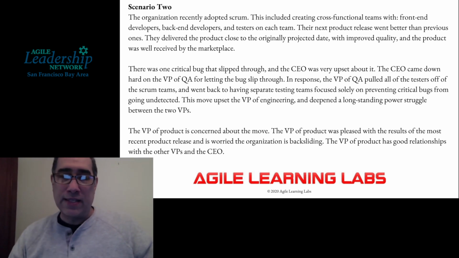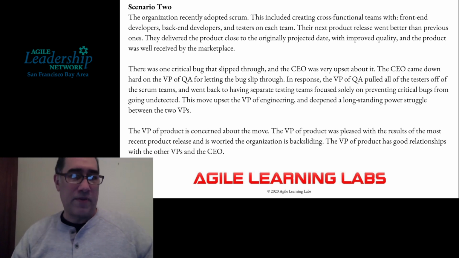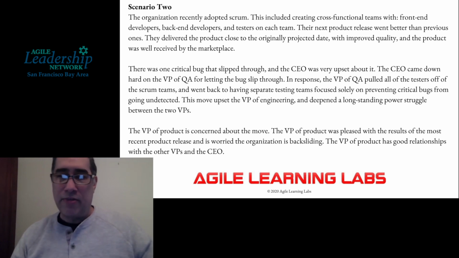Now, in the scenario, the VP of product is concerned about the move. They are pleased with the market results of the product, but they're concerned that the org is backsliding on their adoption of Scrum. And the VP of product has good relationships with the other VPs and the CEO. So the complaints we saw were that the CEO was very concerned about the missing critical bug.